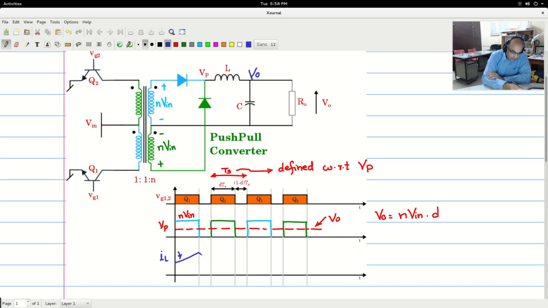Then it will come back during the time when the inductor is freewheeling, during the time when both Q1 and Q2 are off.